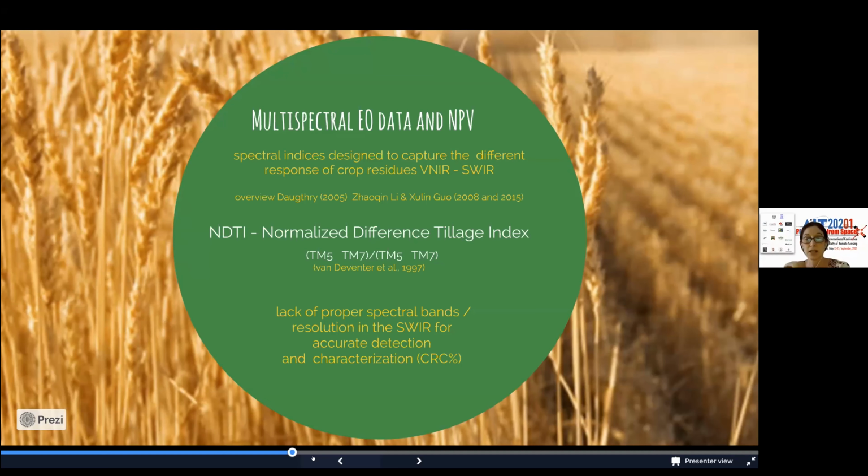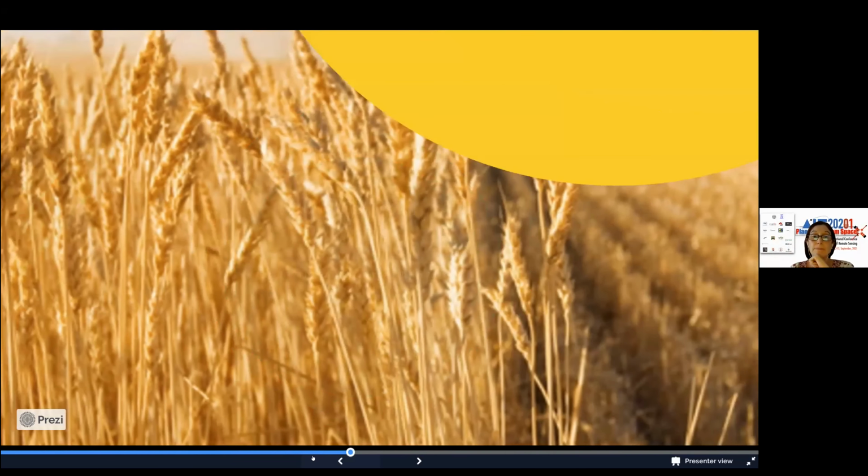And this detection is quite good, but the characterization of the fraction of crop residues is not so good because there is a lack of proper spectral bands of the proper resolution in the shortwave infrared for an accurate characterization of the variable.